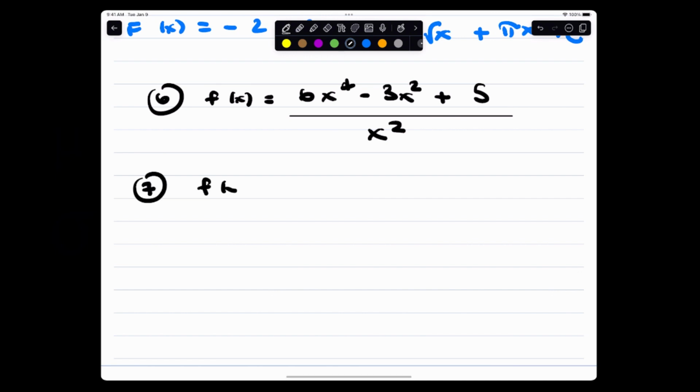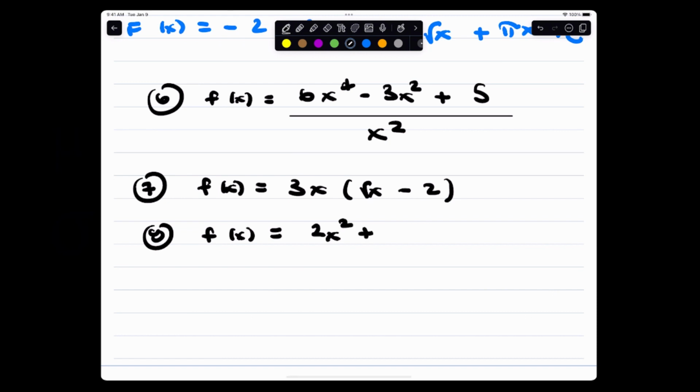7, f of x will be 3x times the square root of x minus 2. 8, f of x will be 2x squared plus x minus 4.